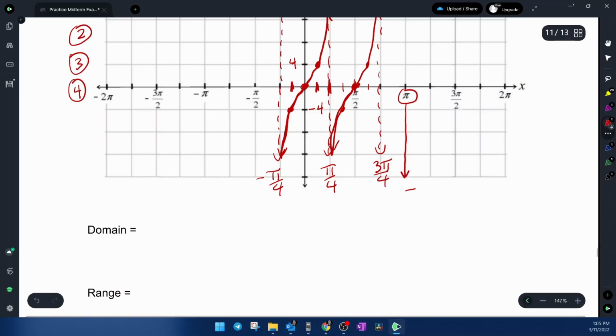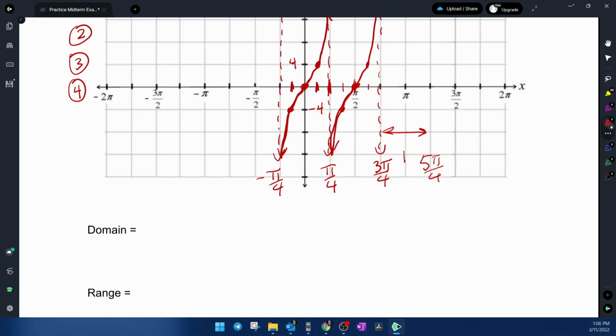So everything seems to be lining up nicely. And notice if I wanted to do another asymptote, the distance here, 3/4, 4/4, this would be at 5 pi over 4. So I just wanted to show you a few of those locations for asymptotes.